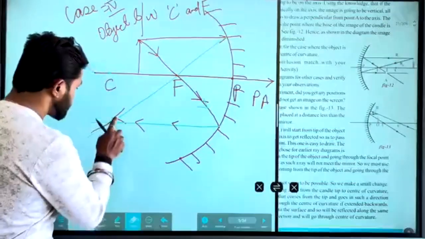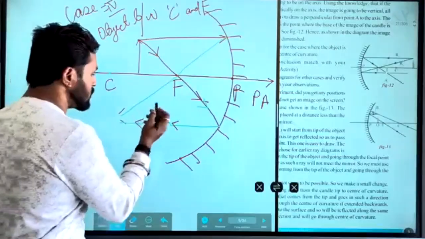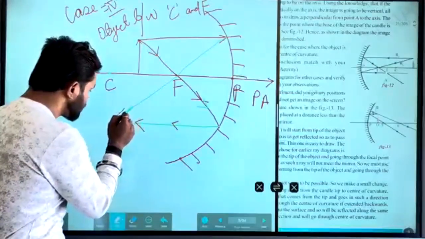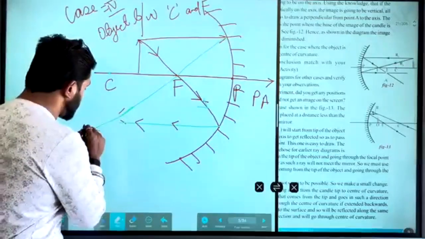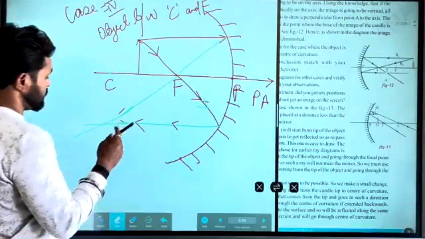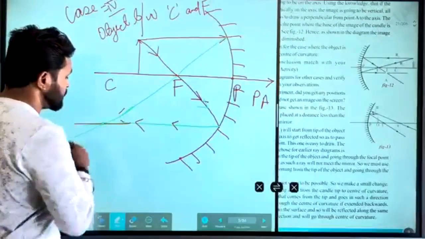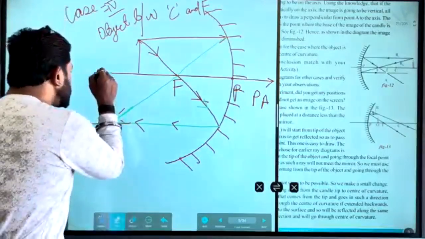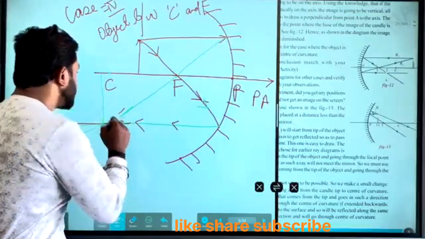One second, let me draw this once again. And this is the other ray that I have, it is meeting at this point, which is beyond C.